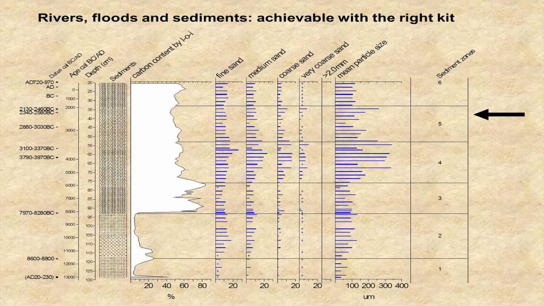We do it on a machine that goes ping every so often, but before that we measured it through pipettes, and you can do this. What does it tell you? It tells you about the changing fluvial or river activity, the number of floods, the magnitude of these floods as they change through time. And that's connected to what people were doing in that landscape.